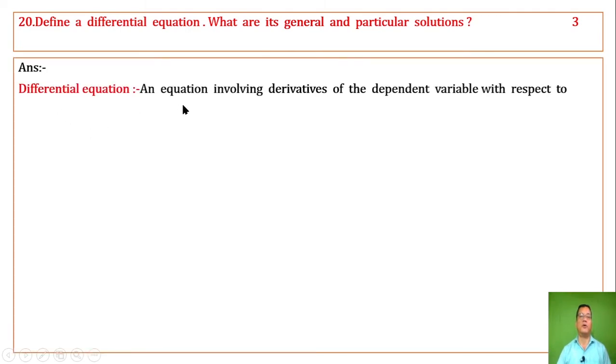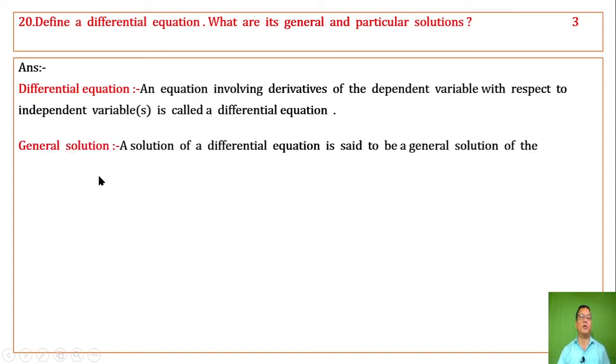Differential equation. An equation involving derivatives of the dependent variable with respect to independent variable or variables is called a differential equation. An equation involving derivatives of dependent variables with respect to independent variables is called a differential equation. General solution.